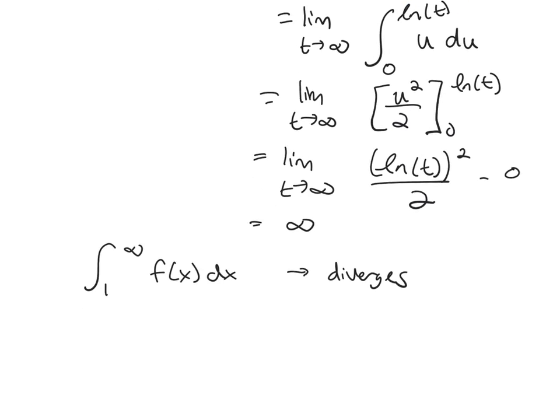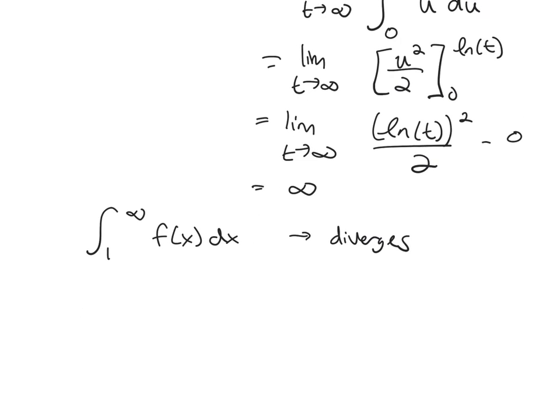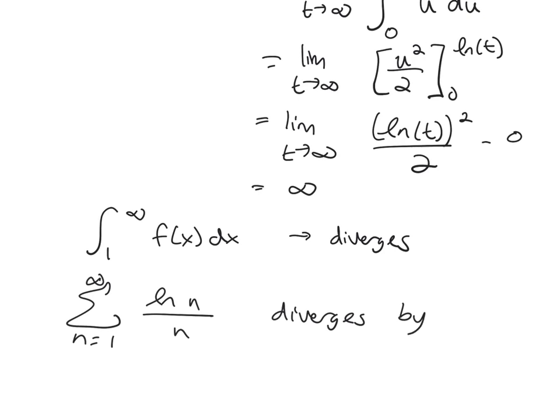So what it does is now it tells me that my series ln of n over n diverges by the integral test.